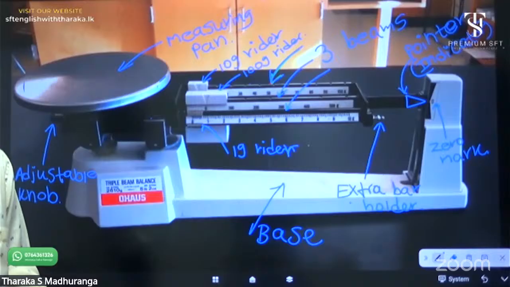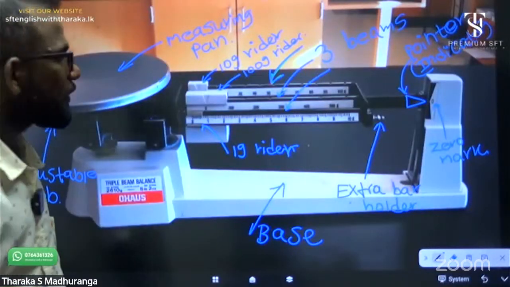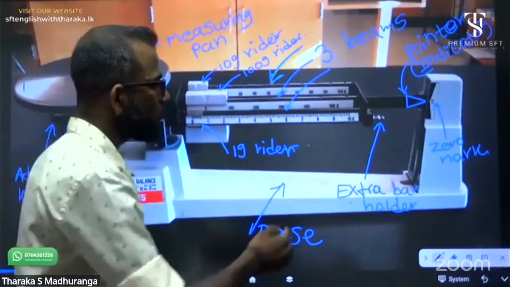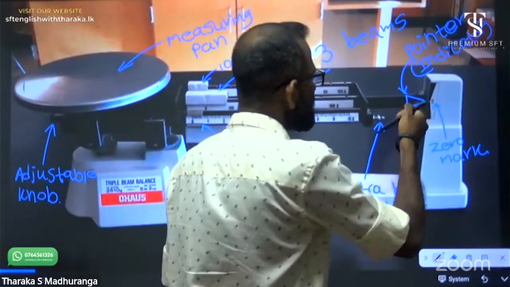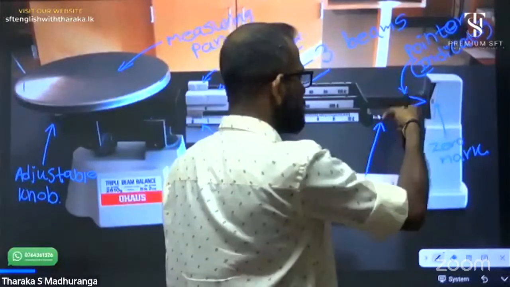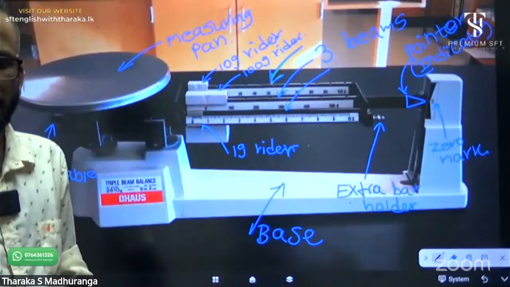They are already given in the tube. Please check, and if there are any missing names, you can label them. The extra bar holder is not given in the tube. You can draw it. It looks like a screw nut, a screw. Draw it and label it extra bar holder.